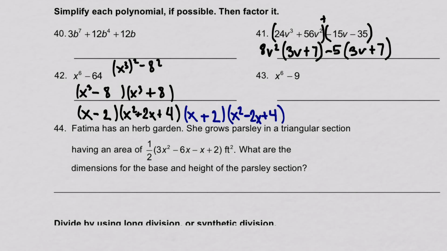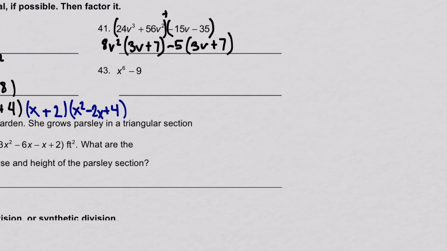Alright, now let's look at number 43. We're going to look at it the exact same way that we saw number 42. I see 9 is a perfect square, and I can also turn x to the 6th into a perfect square, and since the sign here is minus, I can use the same pattern that I used at the beginning. So let's work on that one. I know 9 is 3 squared, so let's start with that.